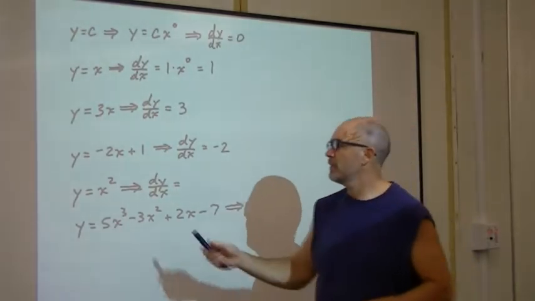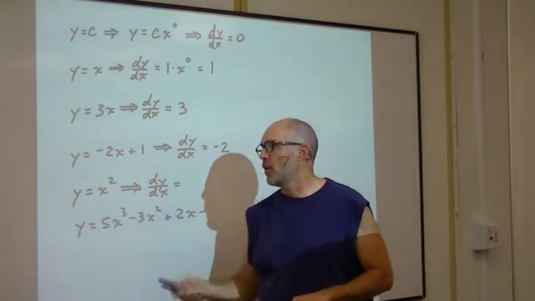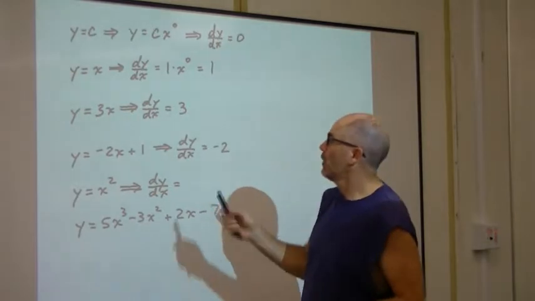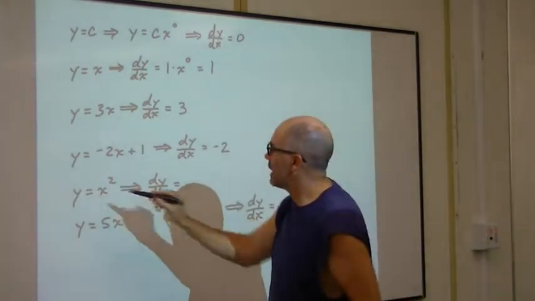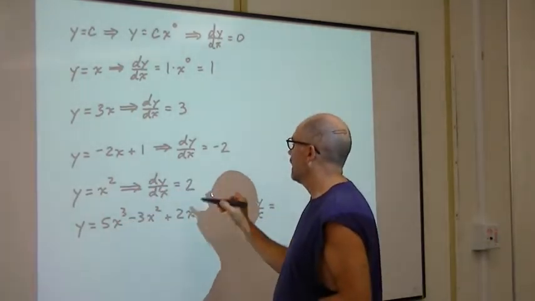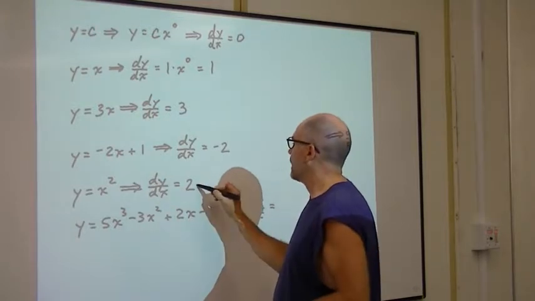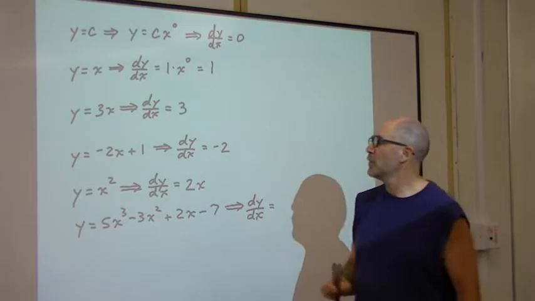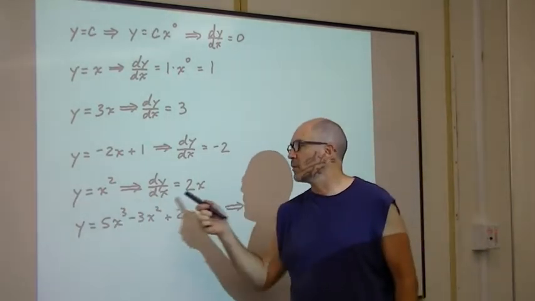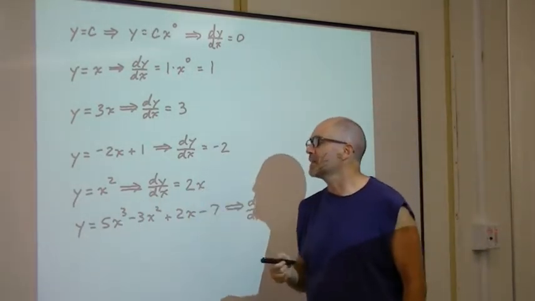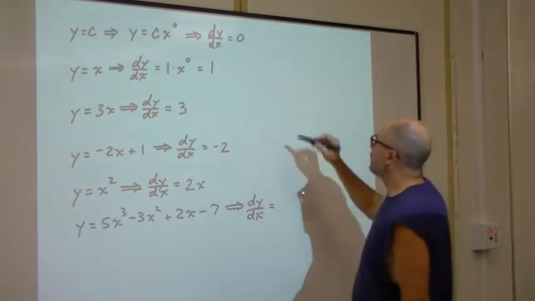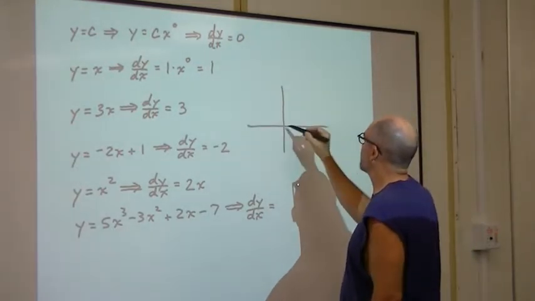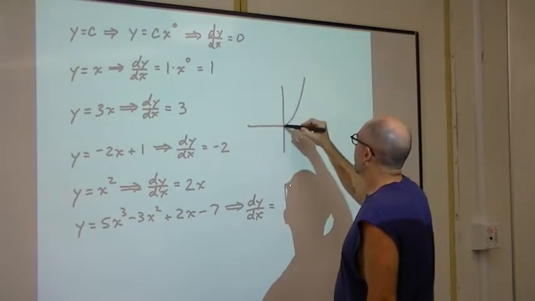Now, the derivative of a curve, y equals x squared. Well, what do we do with that? We bring our 2 down in front, and then drop the exponent by 1. So 2x to the first. So the derivative of y equals x squared is 2x. And notice, if I have y equals x squared, it's looking like that.